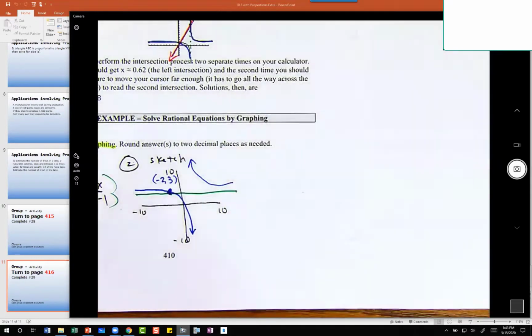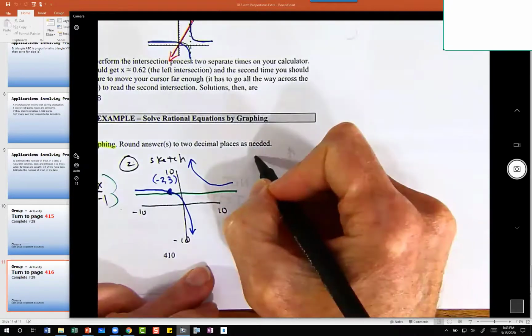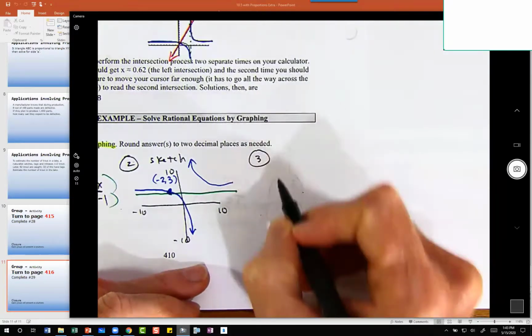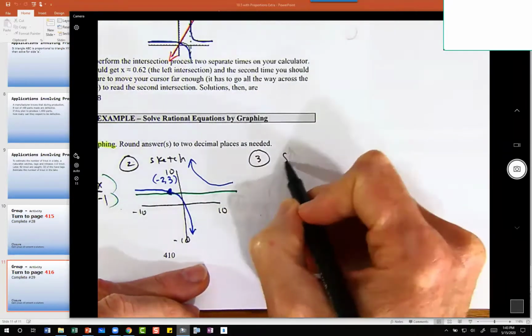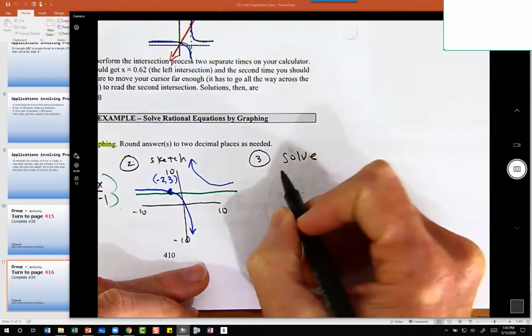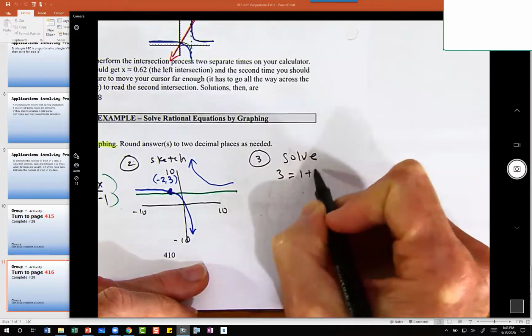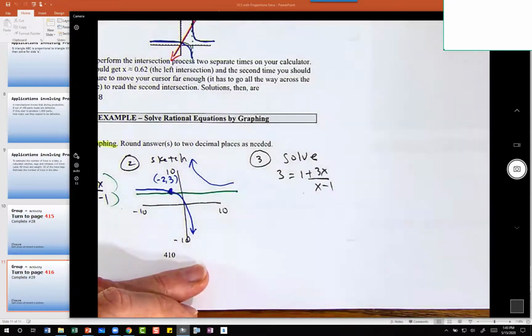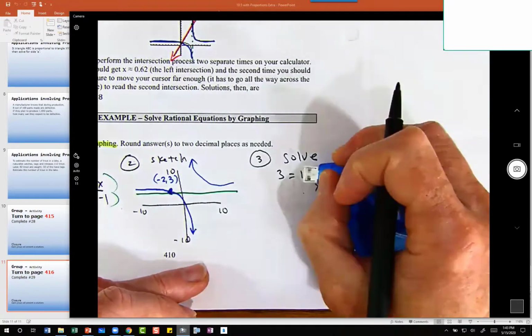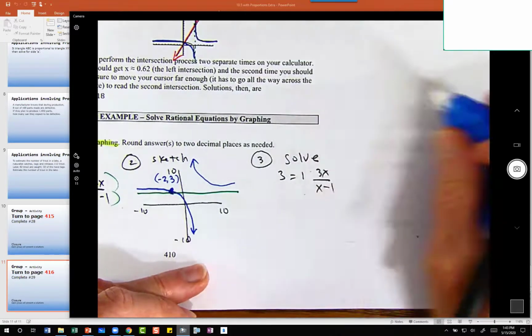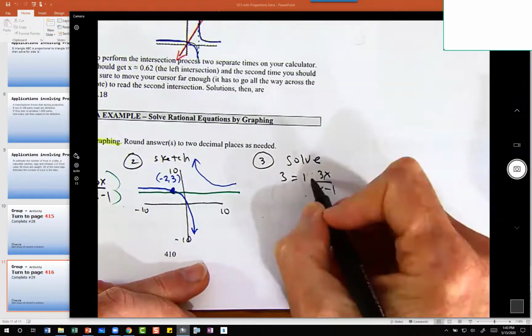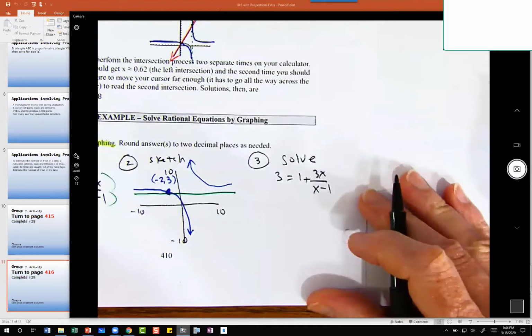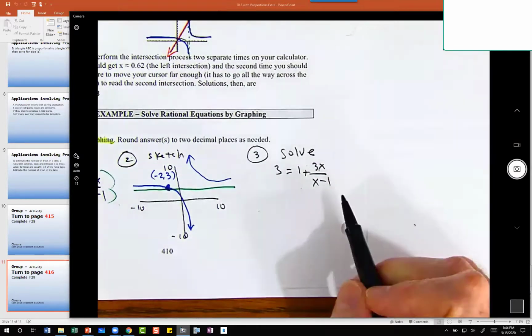Last step, I want you to explain all this. Remember, we're trying to solve. What is it that I need to solve this equation? What is it we're looking for?